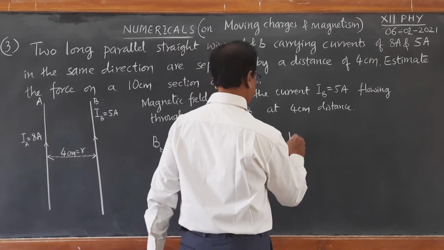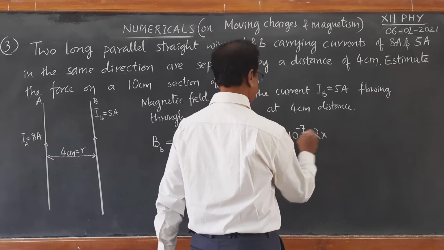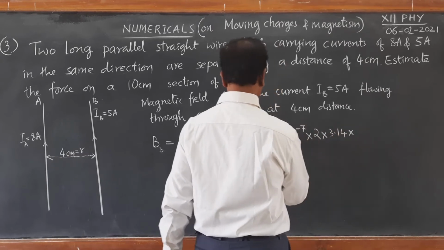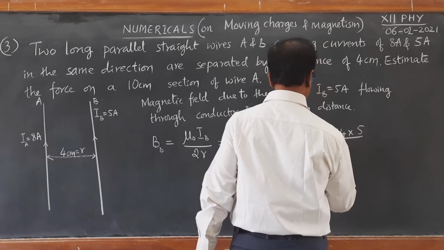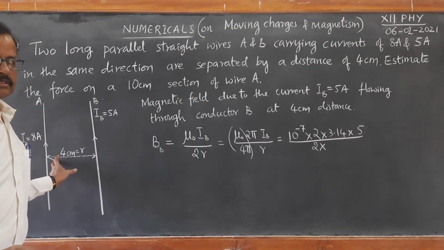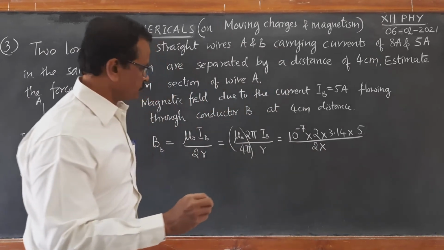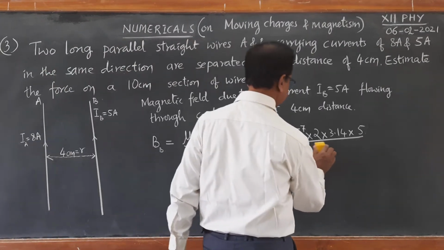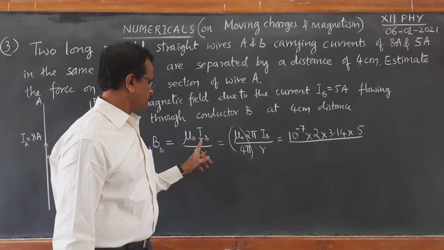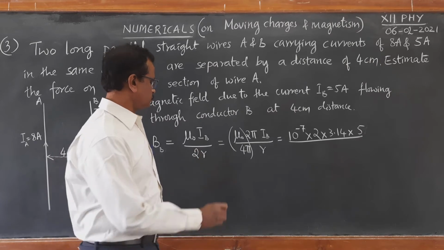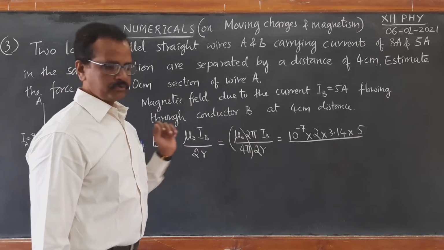Therefore it becomes 10 raised to minus 7 Tesla meter per ampere into 2 into pi 3.14 into the current 5 ampere divided by 2 into the perpendicular distance is 4 centimeter, that is R. There is no 2 here, 2 doesn't arise because this 2 is already multiplied with mu naught I upon 2R.